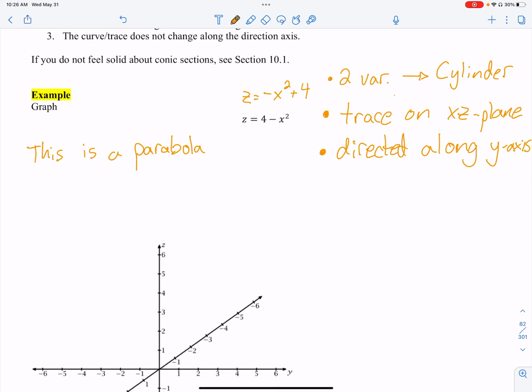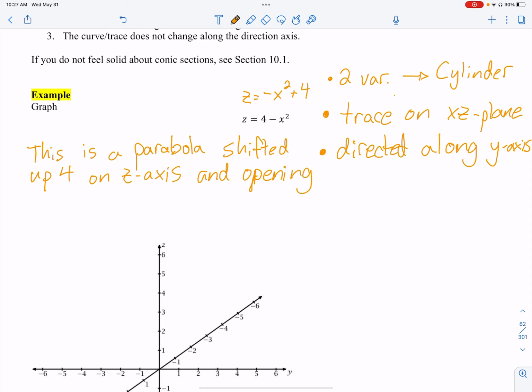This is a parabola shifted up 4 units on the z-axis and opening down. We don't want to use down because up and down needs a reference, so let's say it's opening towards the negative z-axis. It's pointing down in our picture, but that's all we have.